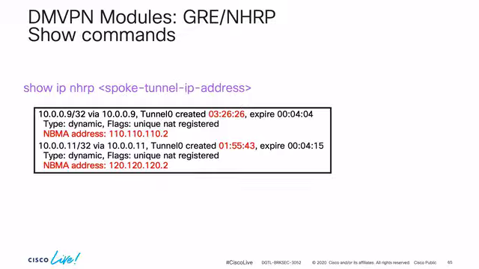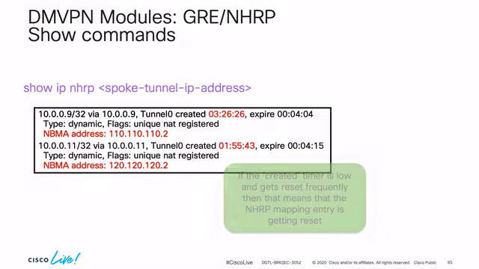In this particular output, some of the interesting information which we can gather is, we know what the tunnel IP address for this specific tunnel is. For example, you have the 10.0.0.9, which is a tunnel IP address which is mapped to the NBMA address of 110.110.110.2.